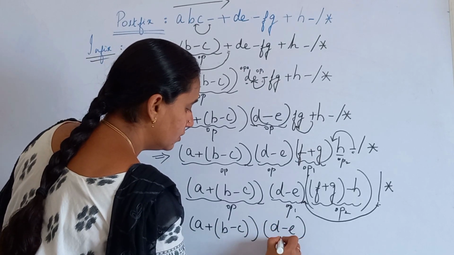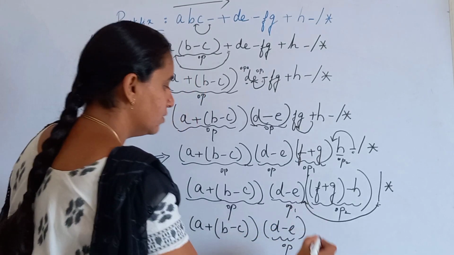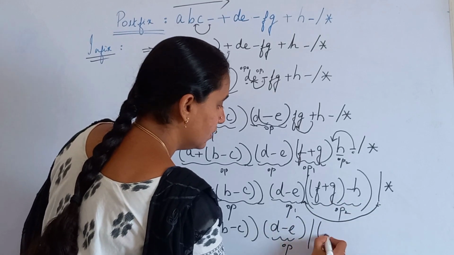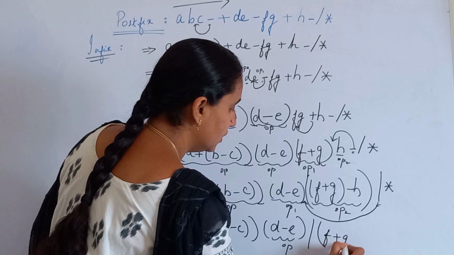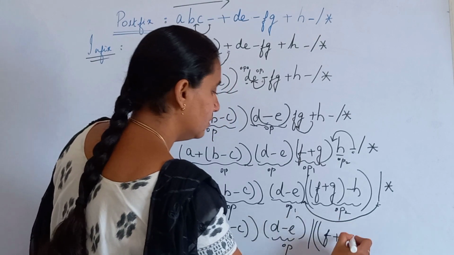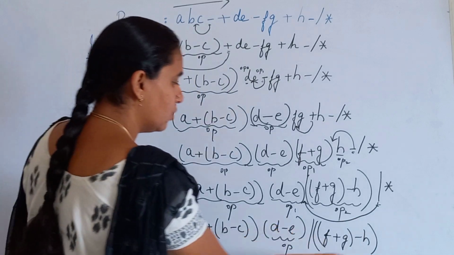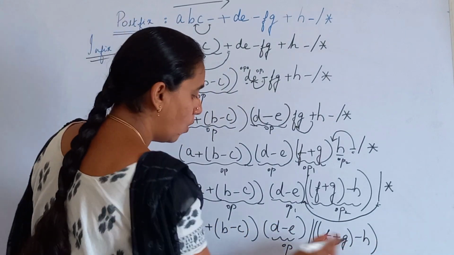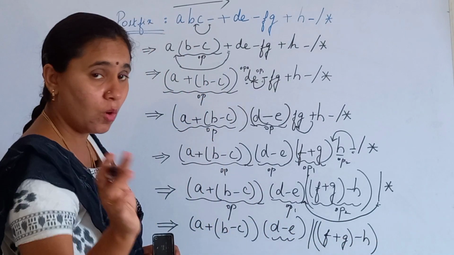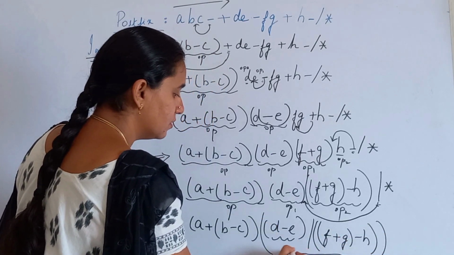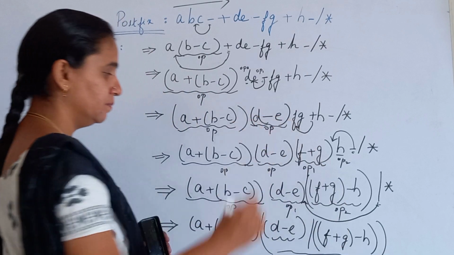Okay, so now add A plus B minus C, then D minus E. So this is your operand. So this is another operand, isn't it? So put slash here, slash F plus G, then minus H. Now this whole one is a complete single operand, so put this bracket and mark it as an operand.